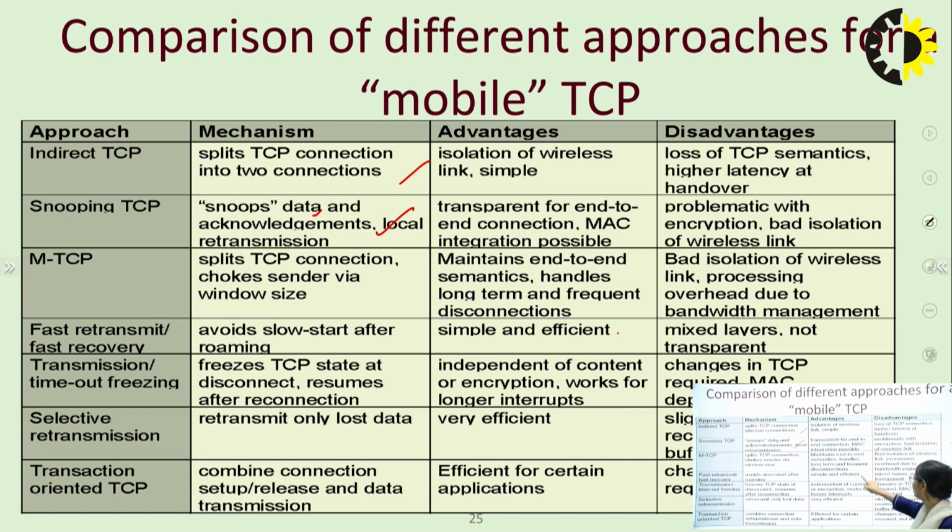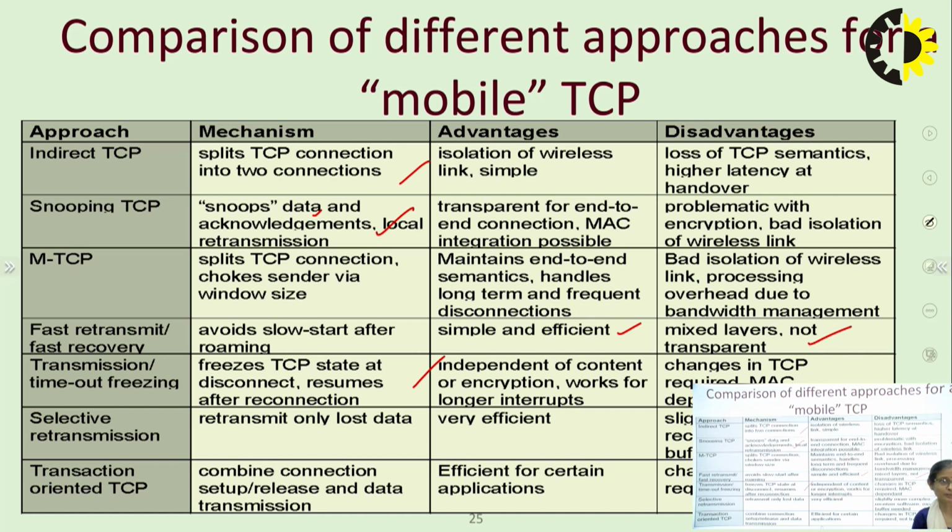It is quite simple and efficient, but has mixed layers and is not transparent. In the case of the transmission or timeout freezing approach, it freezes the TCP state at disconnect and resumes after reconnection. It is independent of the content or encryption and works for longer interrupts, but changes in TCP are required in the wireless environment because it is MAC dependent.